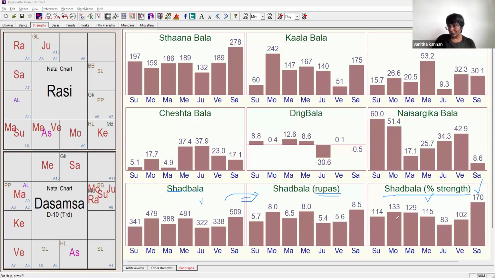Then it goes to 133, second, 3, 4, 5, 6, and 7. This is the easiest one. If you want to easily find out which has the highest strength in my Jataka, go ahead and see the last one. Otherwise, if you want to analyze more and see specifically in which bala I have high and which I don't, then go ahead and see every bar chart. Is this much clear?